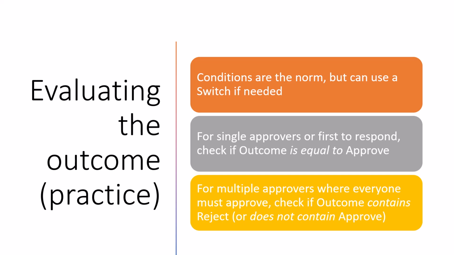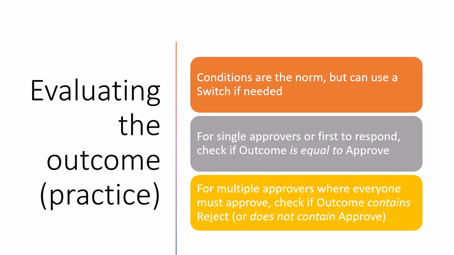That being said, you don't need to use a condition. You can use a switch, and this is especially useful if you're using custom choices and there are more than two. For example, I built a document review flow where the choices are approve, reject, or hold. So I can't use a simple condition to say, is it approve or reject, because there's a third possibility. I mean, I could, but in that case, it's not truly evaluating the data because it's just looking for that one value.